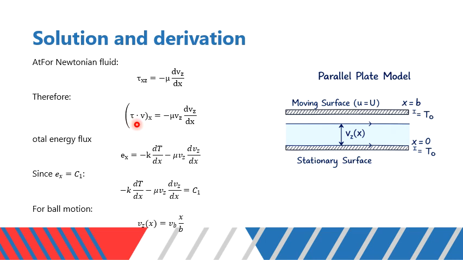So therefore, tau into v into x is equals to mu Vz into dVz by dx. Now total energy flux Ex is equals to minus k dT by dx minus mu Vz dVz by dx. Since Ex is equals to C1, from that we now get the constant C1.